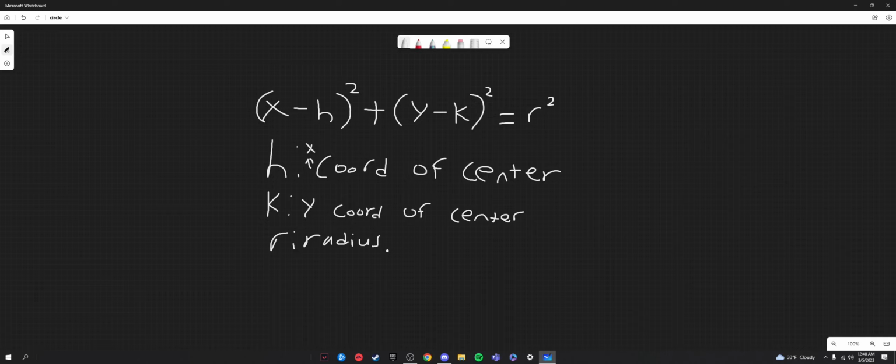And generally what this means is a circle is no more than just a set of points that are all equally distant from one center point. That's what a circle is. It's just a continuous ring of points that are all equidistant from a center point.